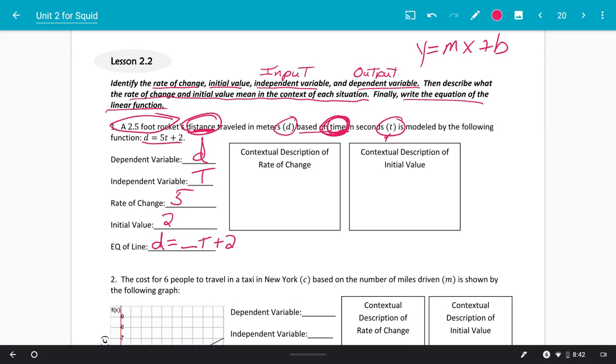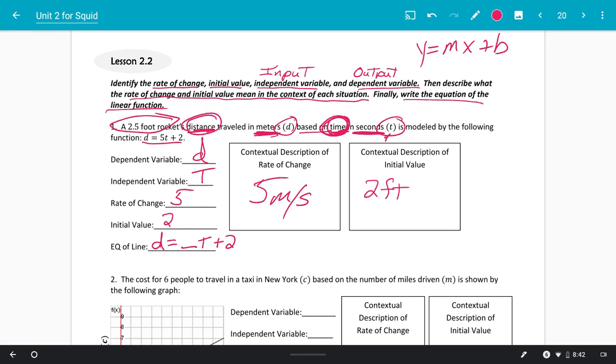All right, so what's the rate of change? 5 meters per second. How do I know meters per second? Meters and in seconds. Okay, that's how fast it's traveling. And what's the initial value? 2 feet.